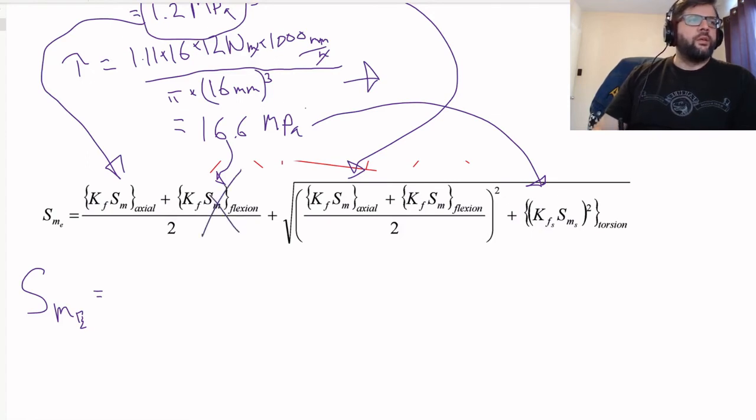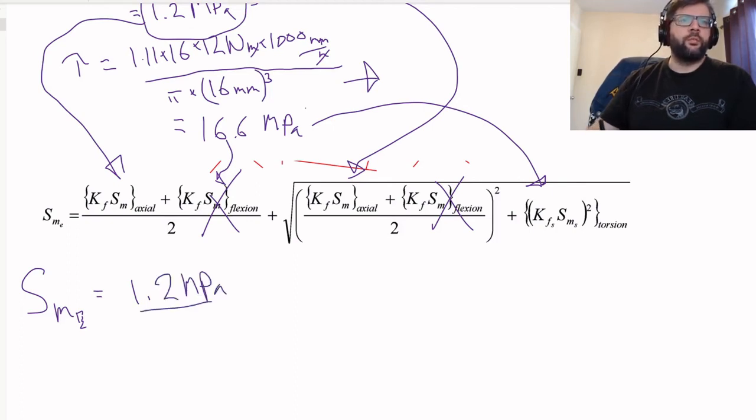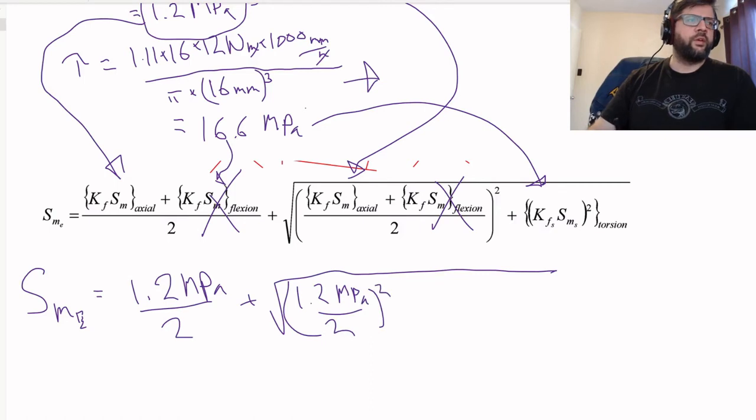So this is 0, this is 0. So we end up with the axial 1.2 MPa divided by 2 plus the square root of (1.2 MPa over 2) squared plus 16.6 MPa squared.